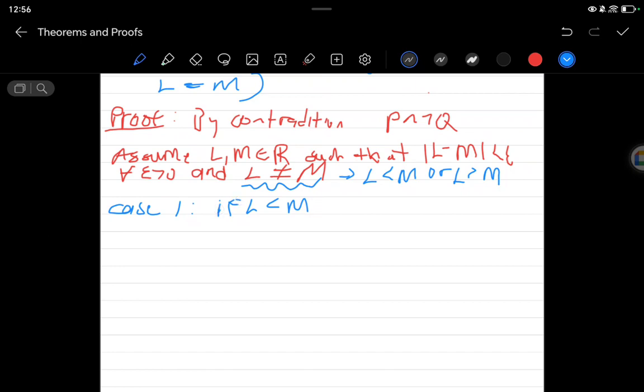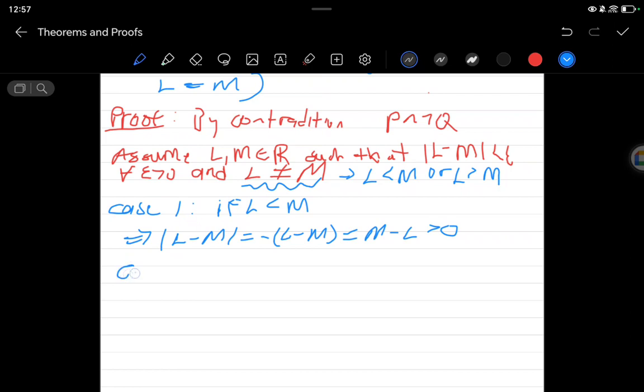If L is less than M, this would imply that the absolute value of L minus M will be equal to, check, L is less than M, so L minus M would always be negative. So we take the negative part of it, and if I distribute the negative, this would be positive M minus L. Since M is greater than L, this will always be positive.